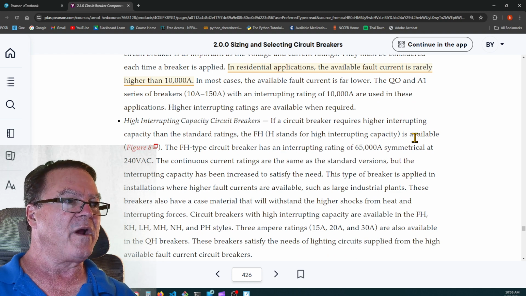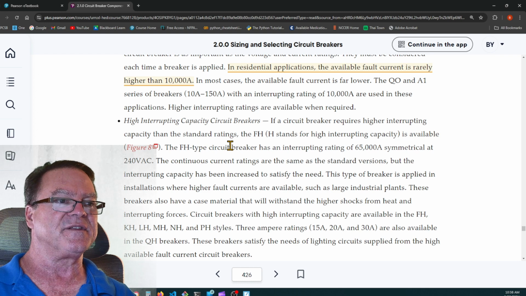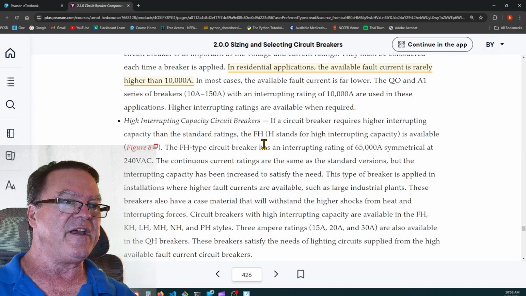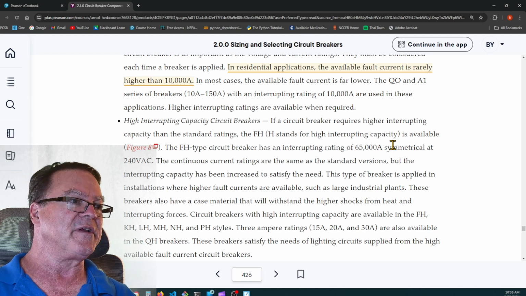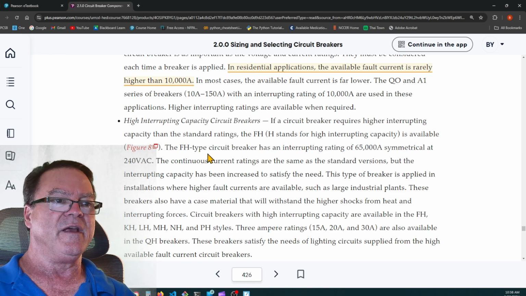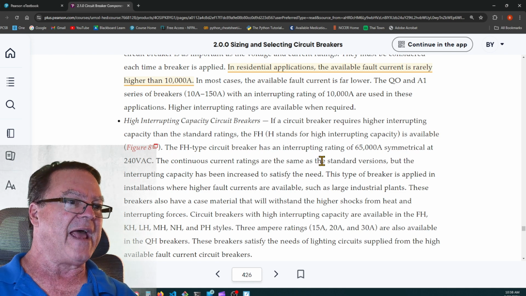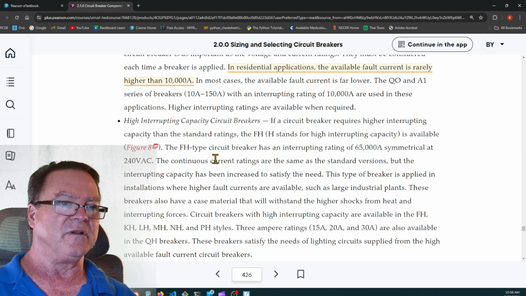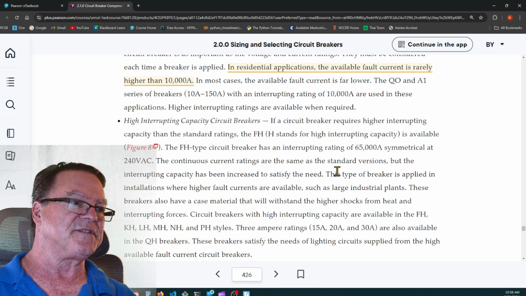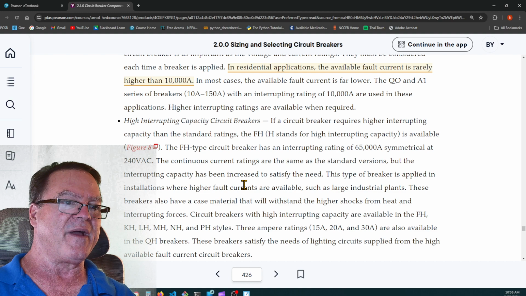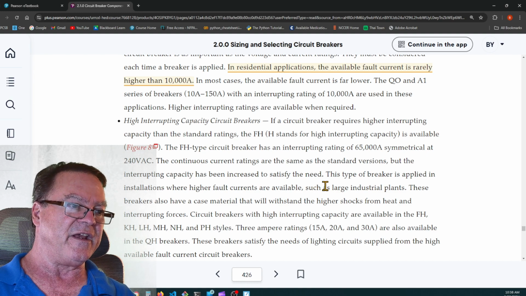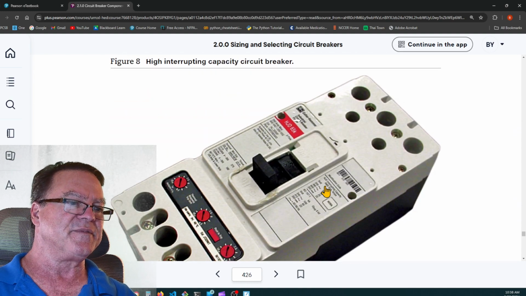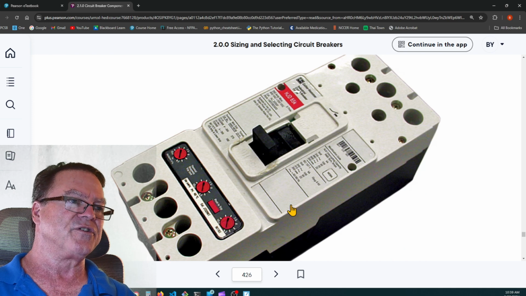High interrupting capacity circuit breakers. If a circuit breaker requires higher interrupting capacity than the standard rating, the FH, H stands for high interrupting capacity, is available. FH type circuit breakers have an interrupting rating of 65,000 amps symmetrical at 240 volts AC. The continuous current ratings are the same as the standard versions, but the interrupting capacity has been increased to satisfy the need. So it's a different frame size. These are commercial and industrial.